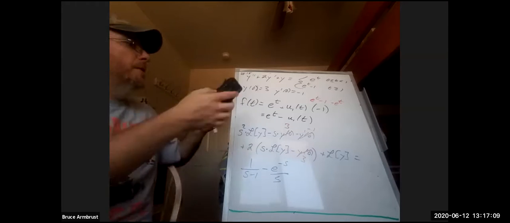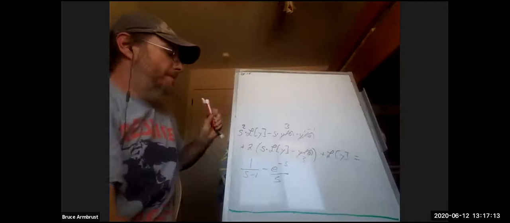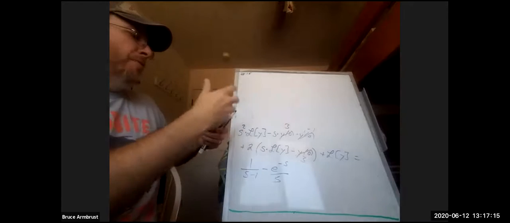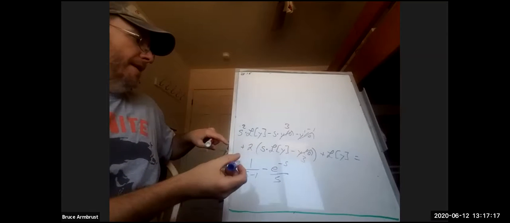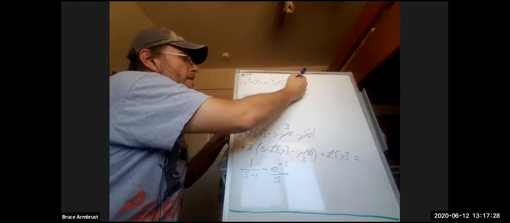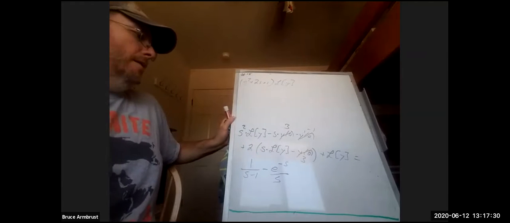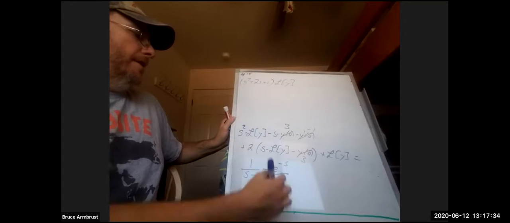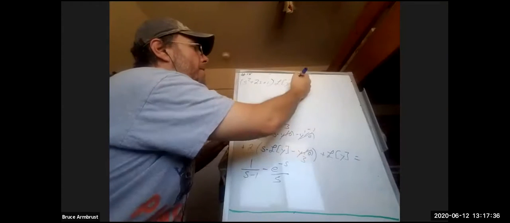Okay, so let's rewrite this. And I'm going to also group all of the Laplace transform pieces together. So I'm going to get an s squared plus 2s plus 1, all of that times the Laplace transform of y. And then the remaining pieces, I'm going to get minus 3s.